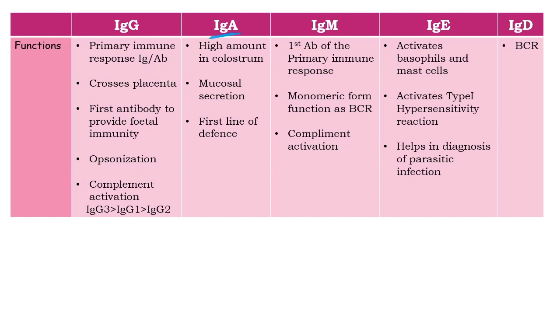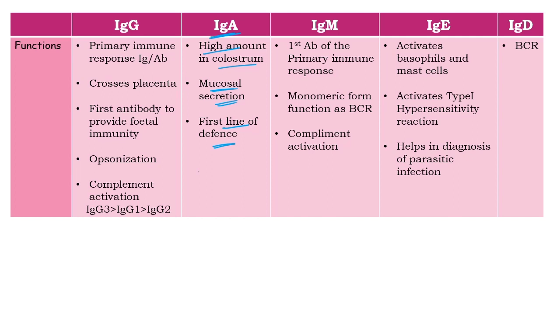IgA. IgA is found in a very high amount in the colostrum. Colostrum is a thick milk produced for the first time by the mother after the birth of her child. Also, it is the main immunoglobulin in mucosal secretion, so it can also be called the mucosal antibody. IgA forms the first line of defense. IgA is found in all kinds of secretions from our body.